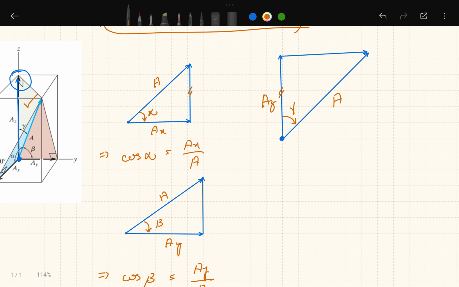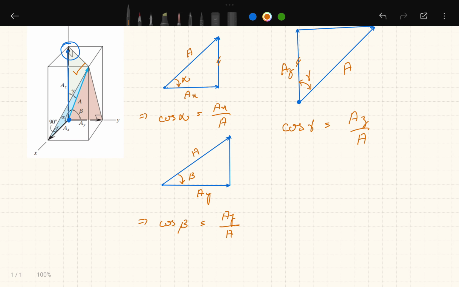You can use this to calculate the cos of gamma, which will be base by hypotenuse. Remember, the base is always adjacent to the angle. So that will be Az divided by A.